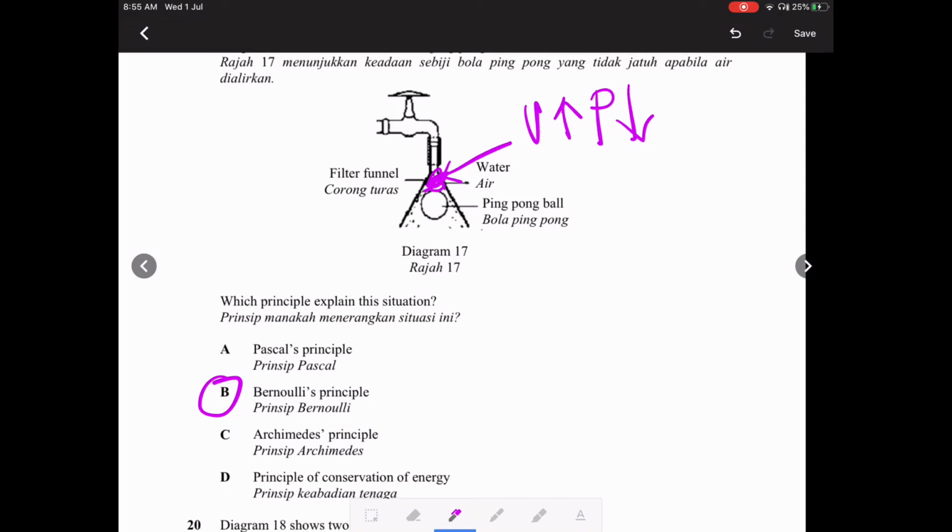Okay, so pressure dia rendah, manakala di belakang ini kita ada atmospheric pressure. So atmospheric pressure dia adalah lebih tinggi berbanding dengan kawasan yang saya tanda bulat ni. Okay, jadi different pressure occurs, maka force akan terhasil. So force itu akan push the ping pong ball from falling down. Okay, so the answer is B.